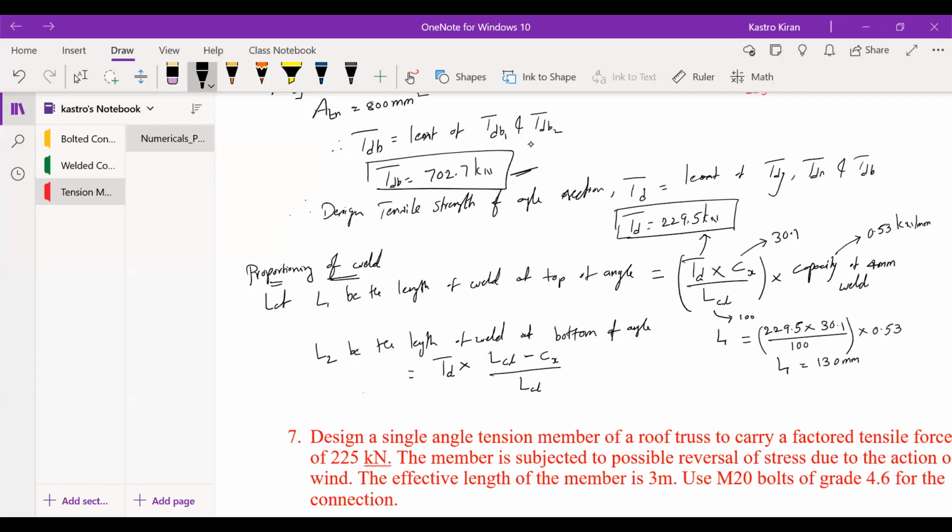Just understand what I am doing here. Into the capacity of 4 mm weld. So this is the fixed formula.